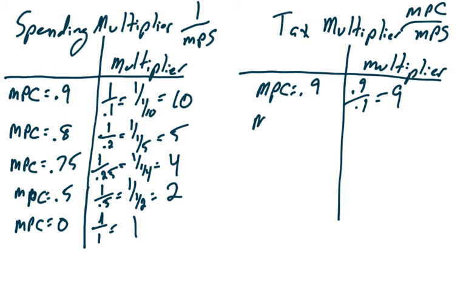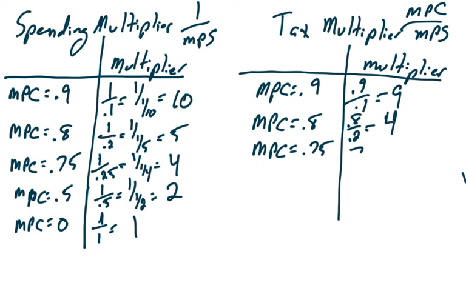Moving on, if my marginal propensity to consume is 0.8, I know that my marginal propensity to save has to equal 0.2. Why? 0.8 plus 0.2 will give me 1. So 0.8 over 0.2 will give me a multiplier of 4. If we move on to MPC, our marginal propensity to consume is 0.75.